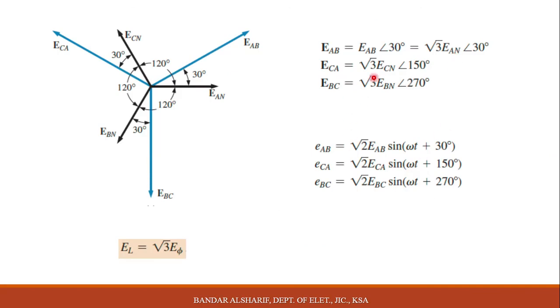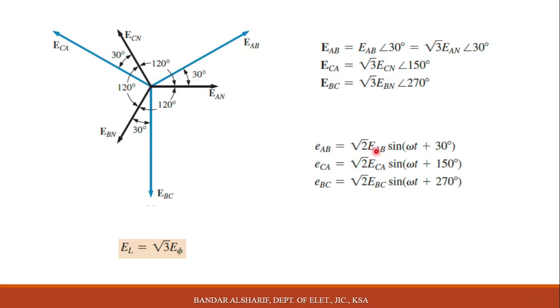What about if we need to write EAB, ECA, EBC in the sinusoidal expression? We will multiply by root 2. Don't forget, all these are RMS values, since it is phasor form.